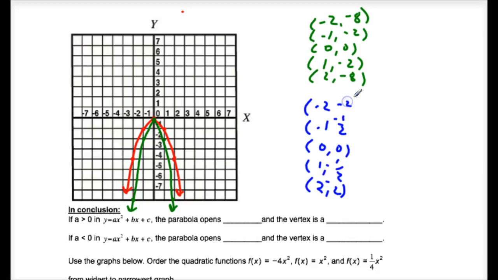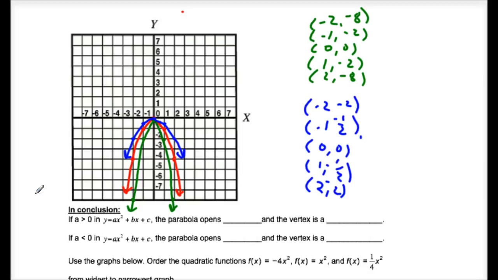So negative 2, negative 2; negative 1, negative a half; the origin; 1, negative a half; and 2, negative 2. So it's going to be wider. Okay, guys, I know that's a lot of work. You will not do all that work. We're going to catch on to the pattern here in a minute.